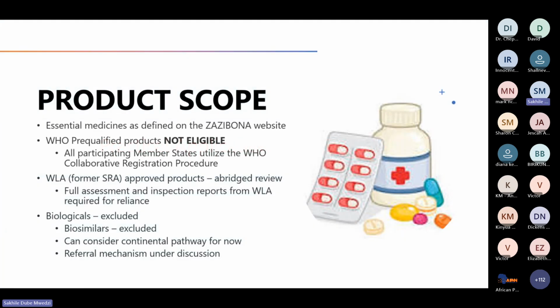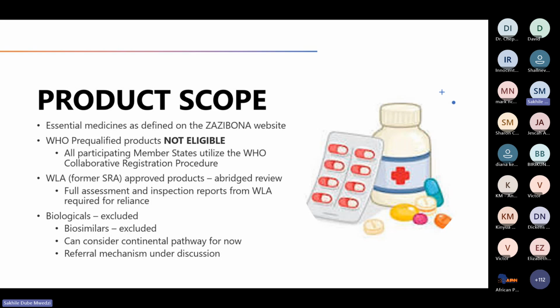In terms of the product scope, this being a regional initiative would require that the products are essential medicines that affect all of our member states equally. We do understand when applicants say, but look, I want to market my products in all the member states, and I would want to be able to get a common verdict.